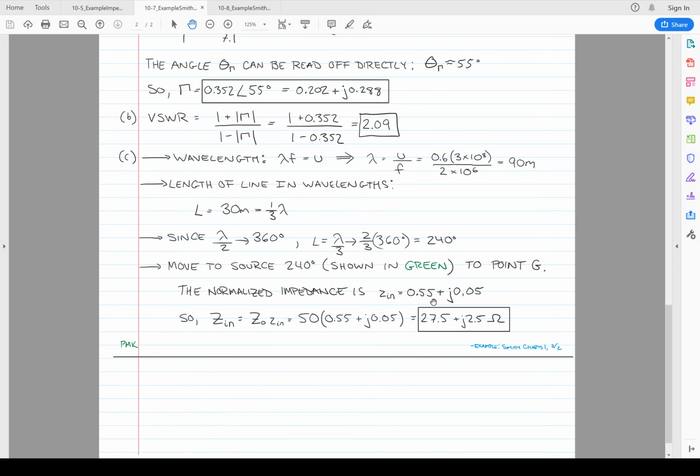We find that the normalized impedance is Z in equals 0.55 plus j 0.05. Remember, that's in the normalized coordinate system, so we have to unnormalize it by multiplying by the characteristic impedance of the line, which was 50. When I do that multiplication, I get the input impedance is 27.5 plus j 2.5 ohms, which is the answer.